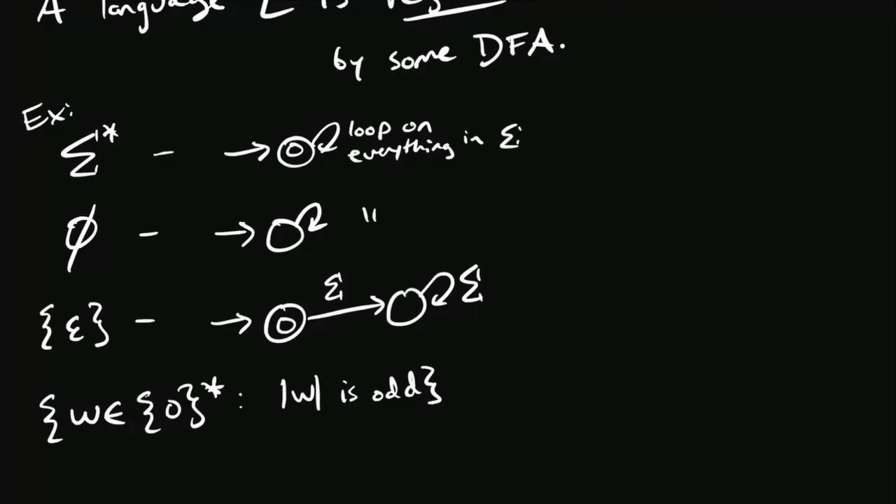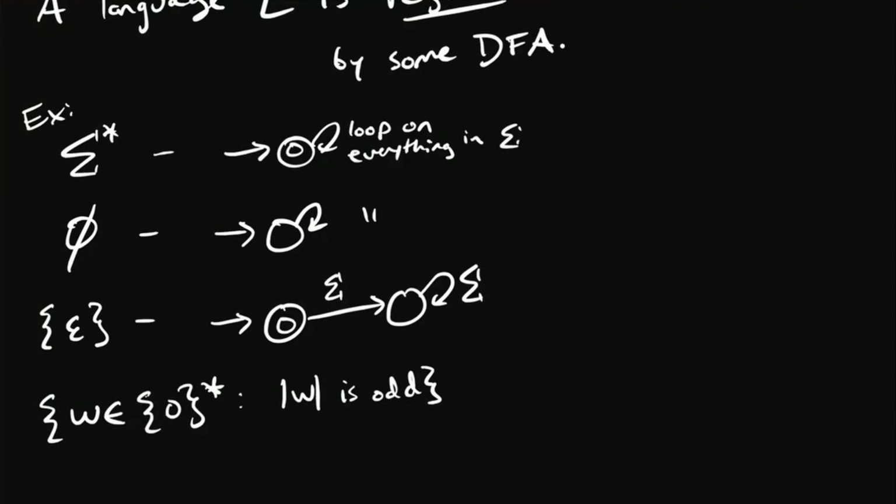Yeah, and what's the simple proof of that? What do I do to the odd DFA to make it into the even one? Switch the final states. So let's think about that for a second. If I have a DFA and I just switch the final and non-final states, that gives me obviously another DFA.